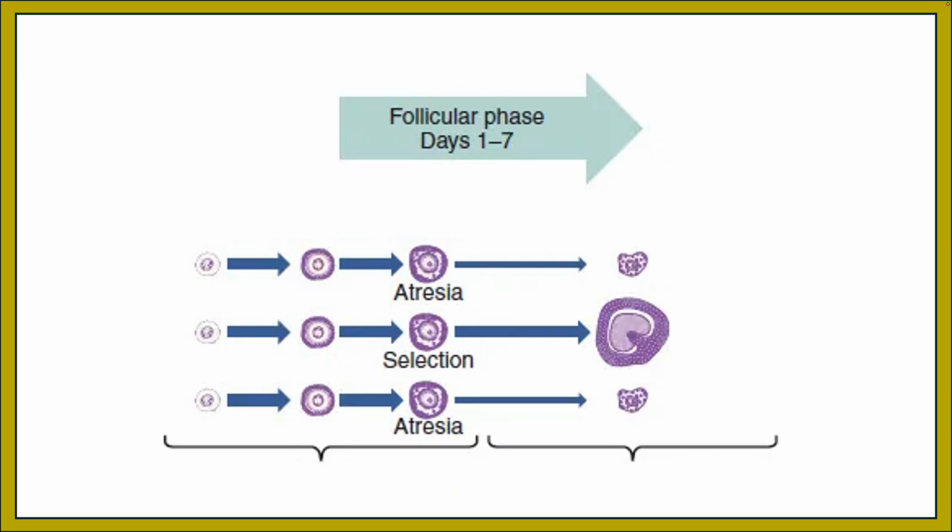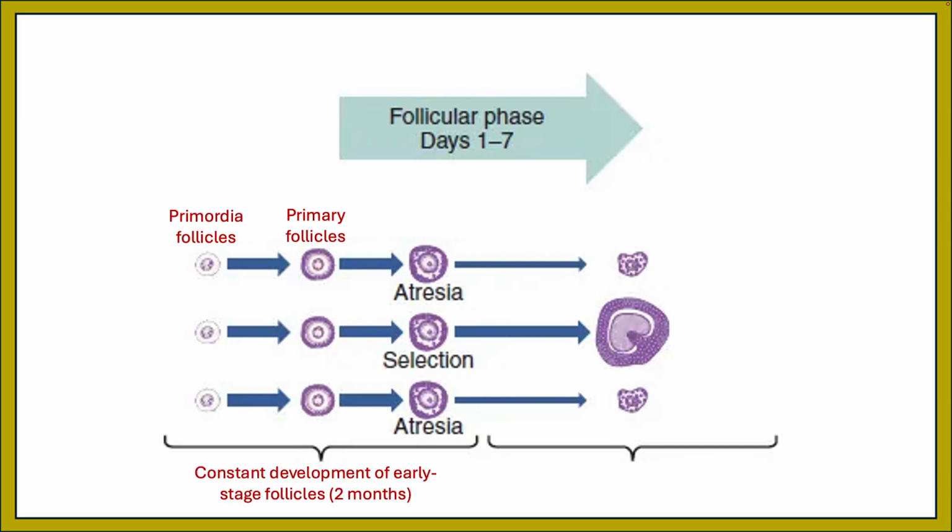All right. So let's look at the menstrual cycle. So we're looking at what happened to the ovaries. Now we're going to be looking at what's happening to the follicular phase, or the follicle. So the follicular phase is days 1 through 7, where you have primordial follicles become primary follicles. Some of them will go through selection, others will go through atresia.